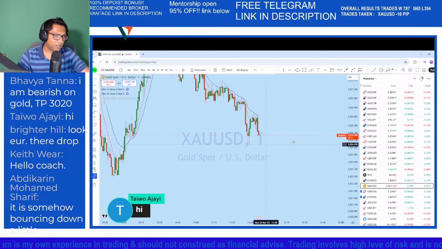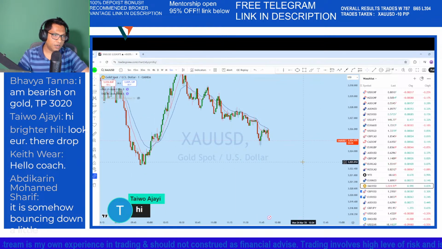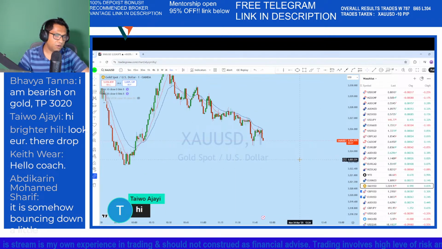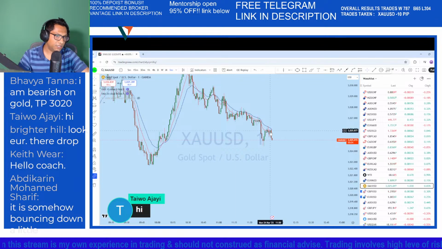So the further drop is possible. I'm out of the trade with the minus P&L. Now let's wait and see.